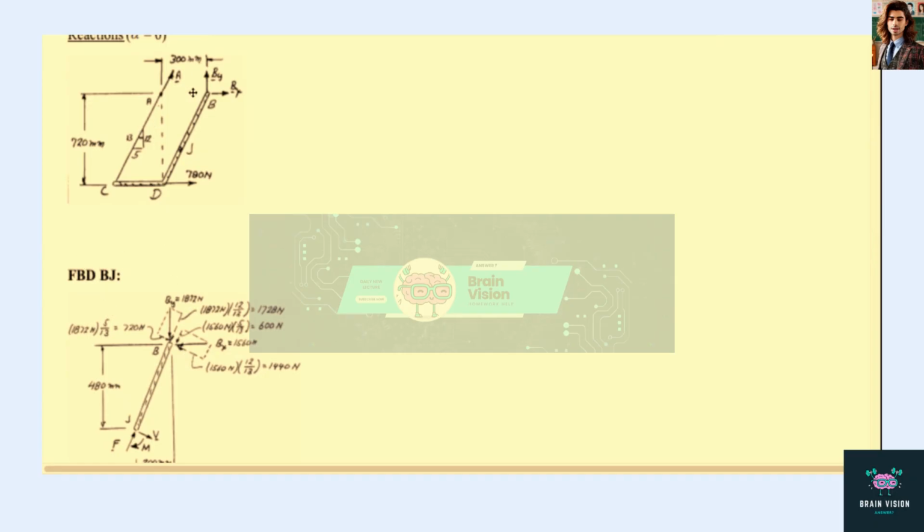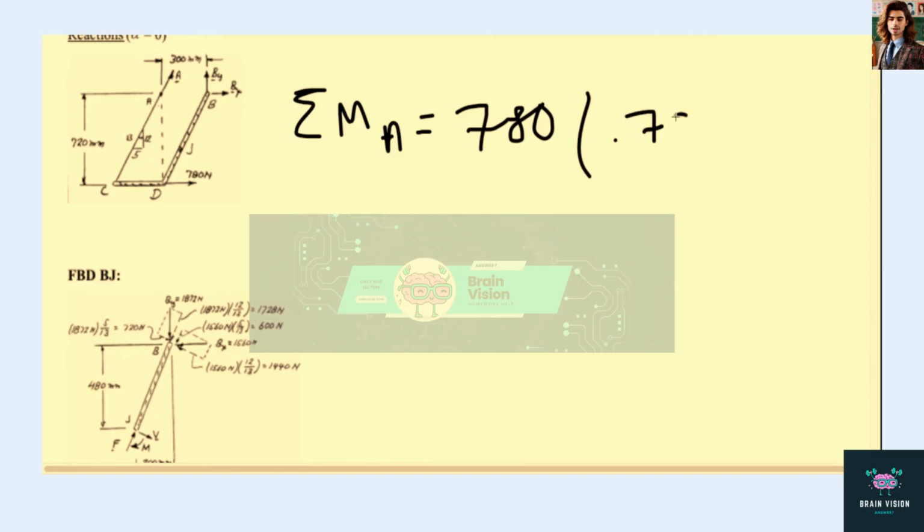But for now, going off of this top diagram, we'll take the net moments about A. The net moments about A will be caused by that 780 Newton force, which is acting 0.72 meters away, plus By times 0.3 meters, at 0.3 right there.